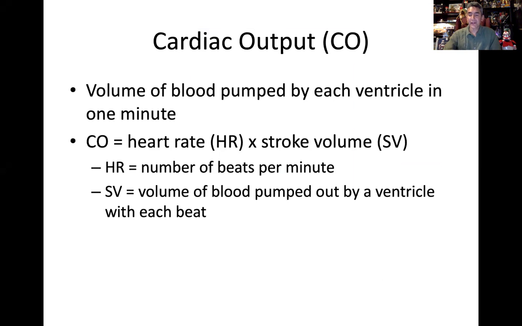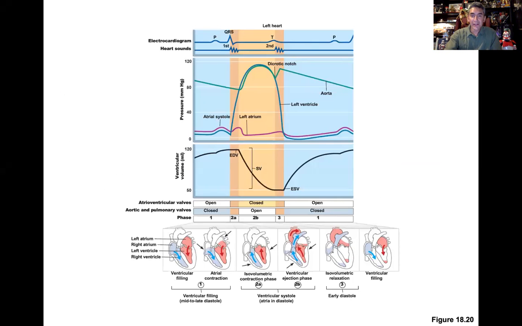And to understand cardiac output, I got to go back and real quickly review the idea of volumes, right? Volume inside of the ventricles. So end diastolic volume and then end systolic volume. So those two. The difference between those, so let's say you have a big bottle of soda, right?